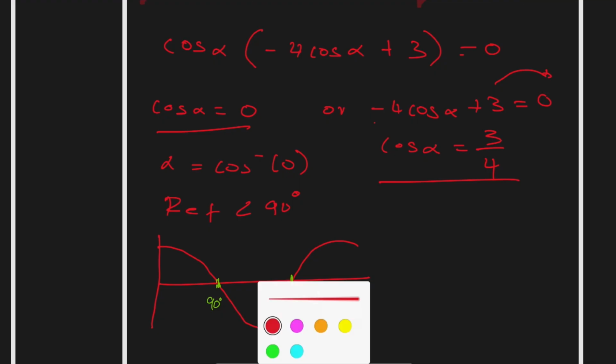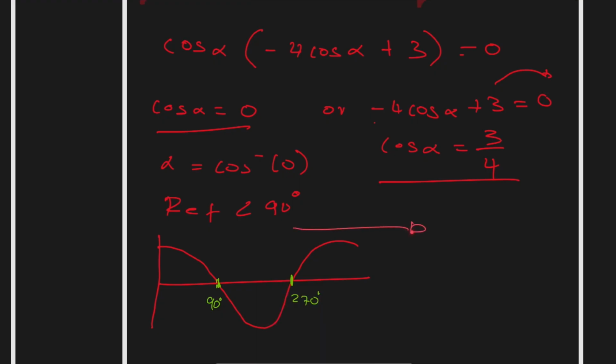Remember this graph can continue to the positive infinity, and it can also continue to the negative infinity. The interval that was given in this problem is that alpha is an element between negative 360 and positive 360. So this means you must also continue with this graph on the negative hand side.